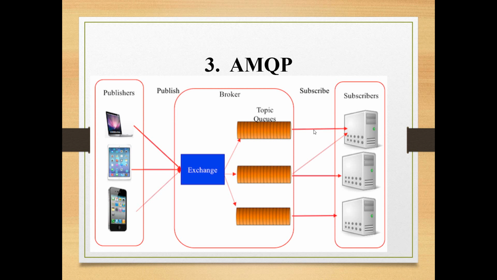So the advanced message queuing protocol has four main parts. It's the publisher for collecting data and sending them to the broker, the broker which contains two parts, exchange and queue. The exchange takes the messages from the publishers and distributes them into topics which we call the queue. Then the subscribers subscribe to the topics for getting the data sent by the publishers.